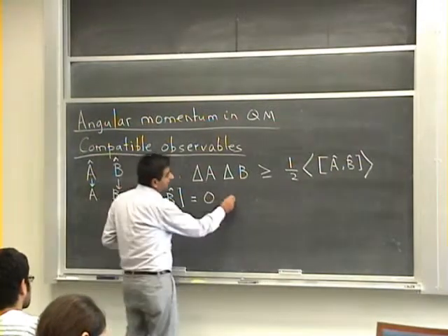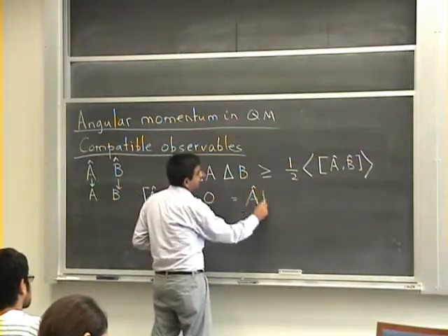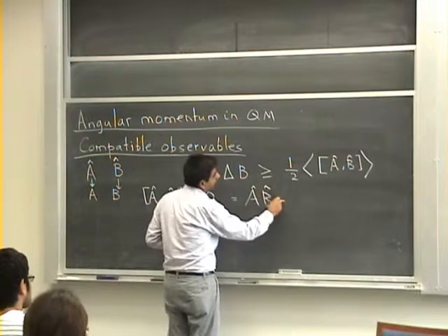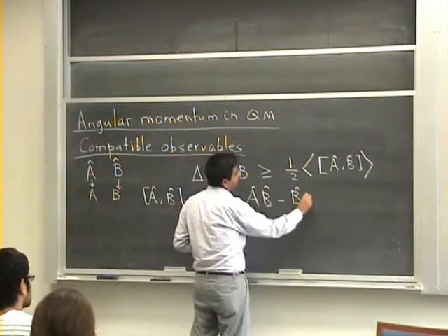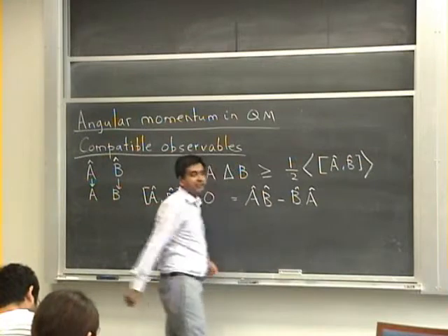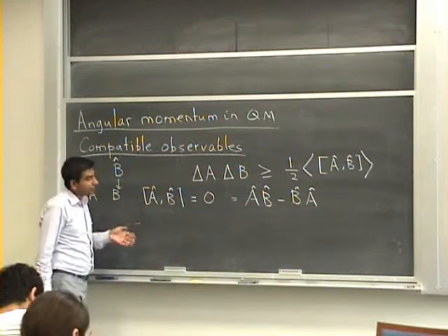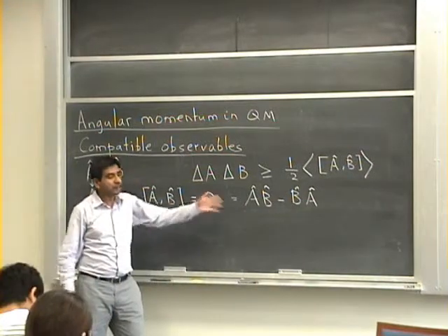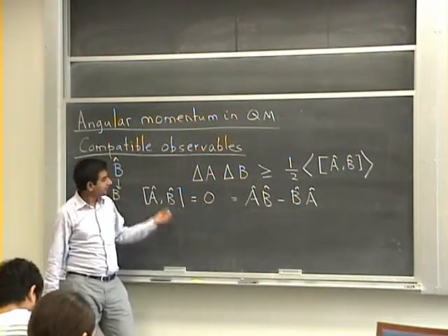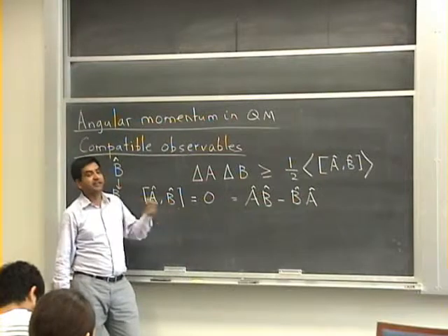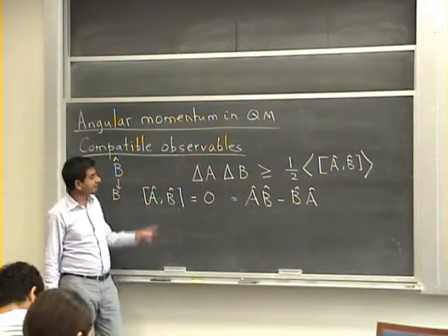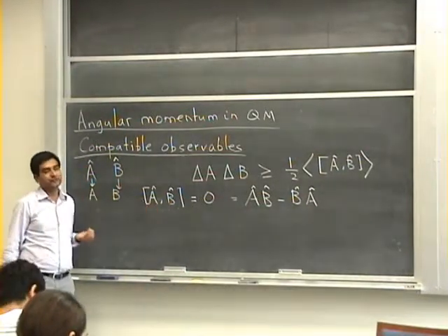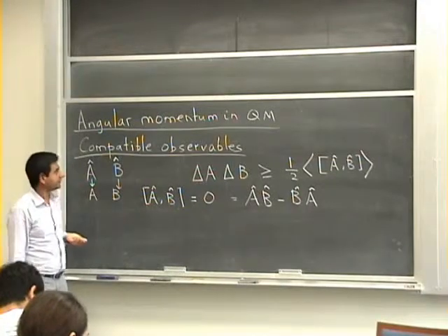And we all know that this commutator is defined as A multiplied by B minus B multiplied by A. In general, from linear algebra, you already know that two matrices don't commute, so one has to find out this commutator. This commutator determines the indeterminacy. It's a very important function of the two operators.